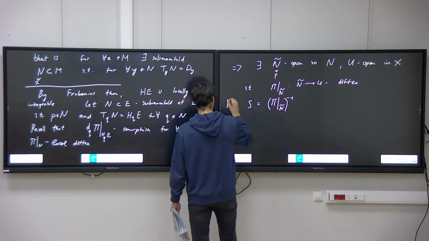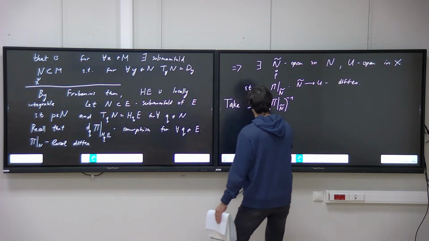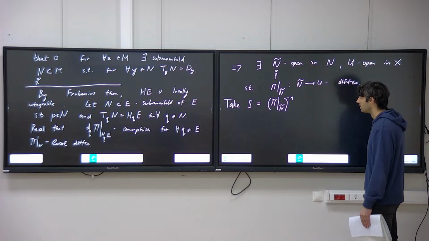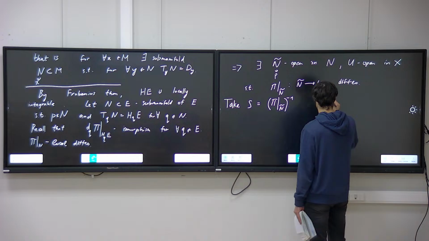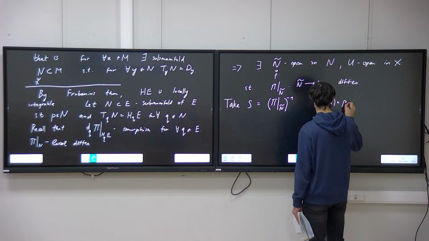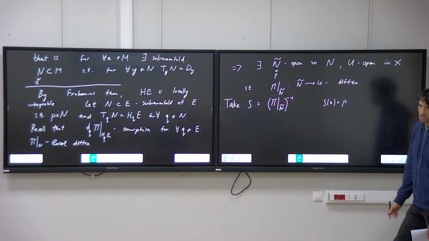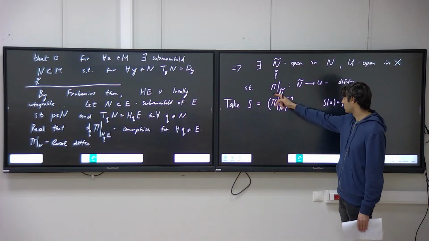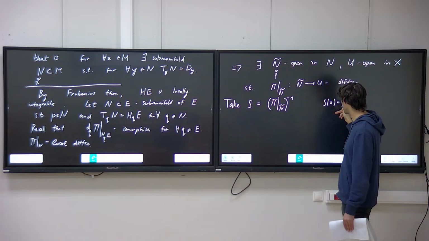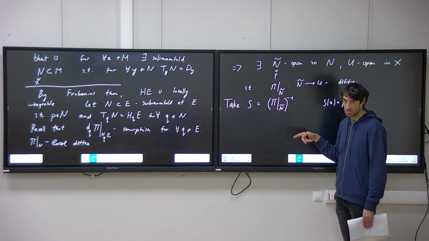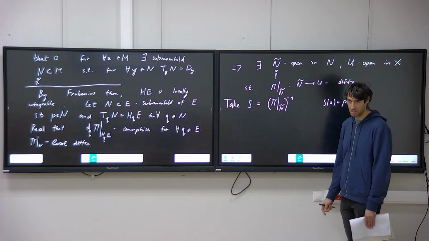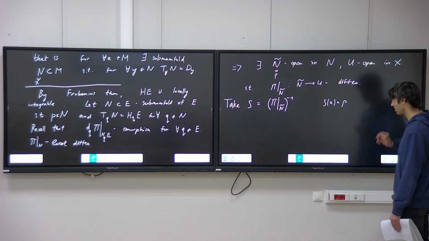Then by construction S of X is P, because this is just the inverse of pi, and pi of P was X. So pi of P was X, S is an inverse of pi, so S of X is P. So this condition is satisfied.